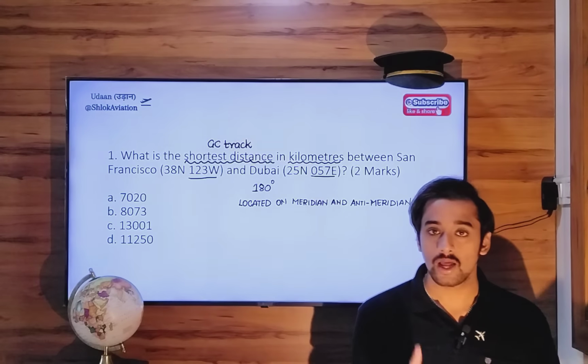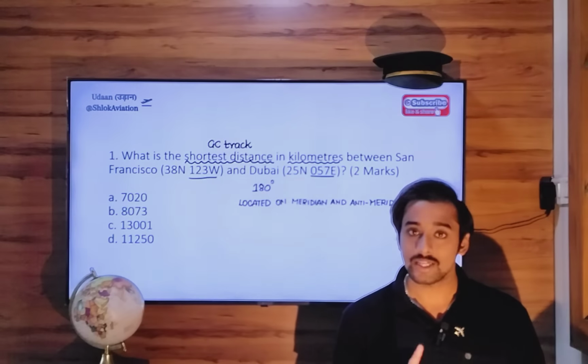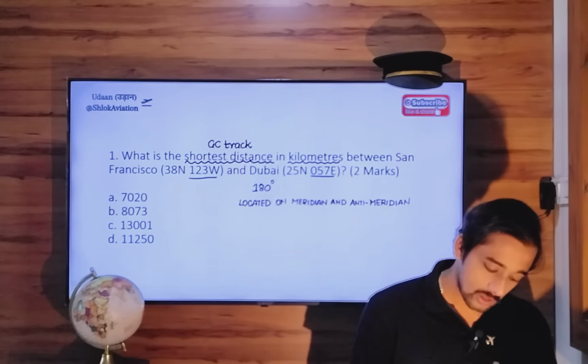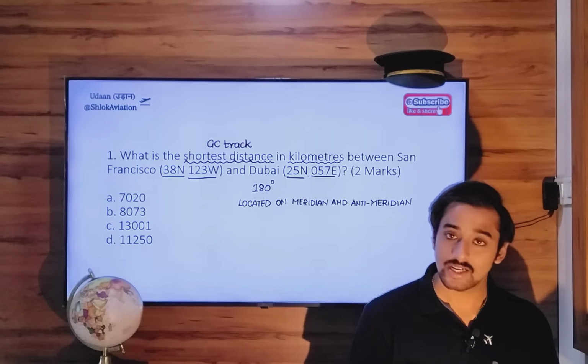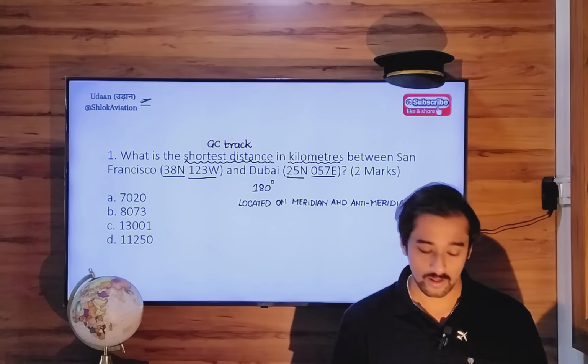When two locations are located on meridian and anti-meridian, the great circle track will pass through the nearest pole. Over here, both locations are in the northern hemisphere, so the great circle track will pass across the North Pole.